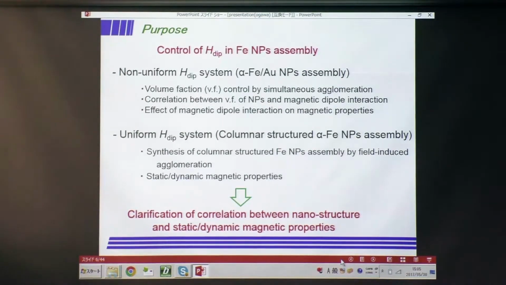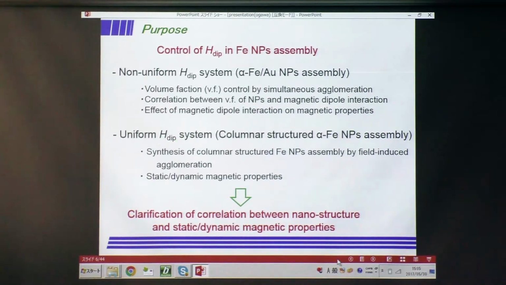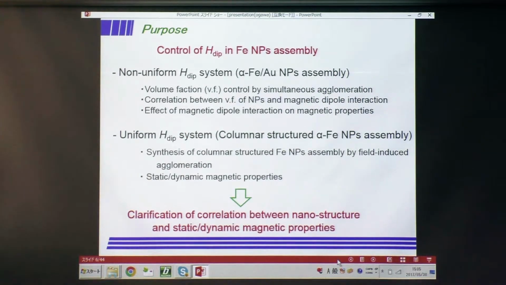So our purpose is to firstly control the dipole interaction field in the iron nanoparticle assembly. We investigated two cases: a non-uniform dipole interaction field system using the alpha-iron and gold nanoparticle mixture assembly, and the other one, a uniform dipole system using the columnar structured alpha-iron nanoparticle assembly.